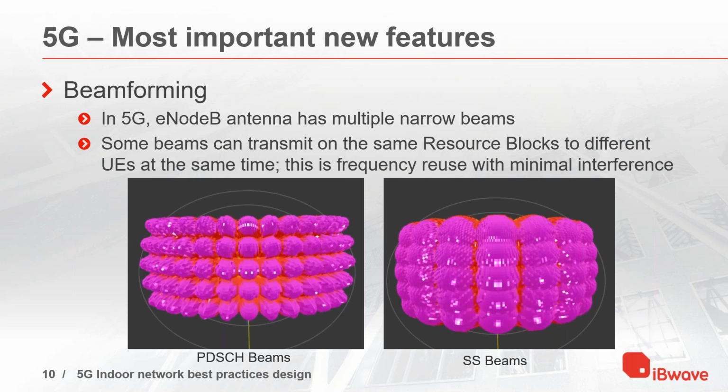But it is important to understand that if I have narrow enough beams, then I can transmit two or more at the same time to different UEs that are hopefully spread out. And when I do that, I use the same frequency on each of those multiple beams. That is the equivalent of frequency reuse. And the interference in the network when you use this approach is fairly low, which is a very big benefit for 5G.